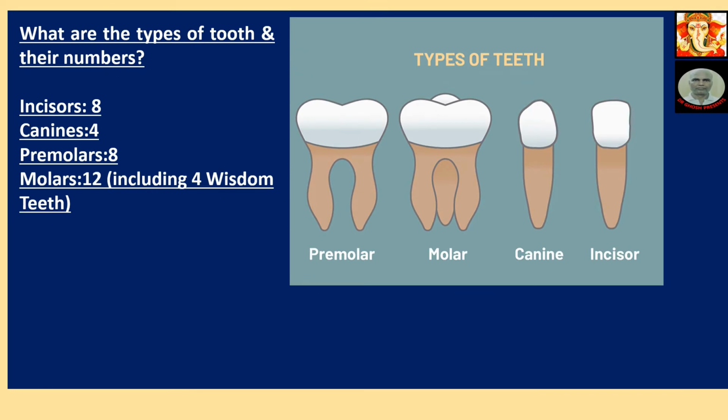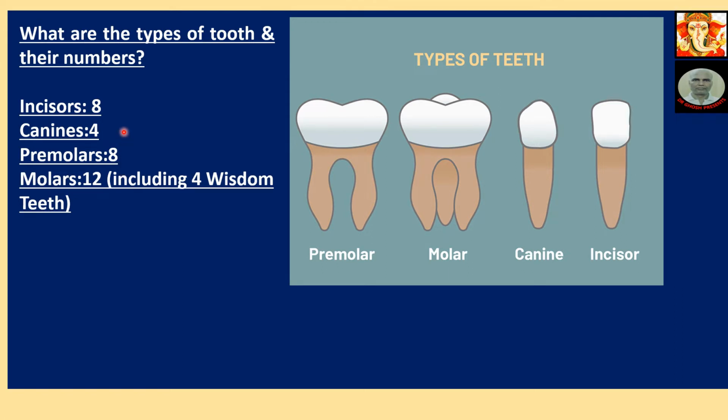What are the types of tooth and their numbers? Teeth are actually 16 into 2, that is 32. Incisors 8, canines 4, premolars 8, molars 12. These are the total number of teeth, that is 32.